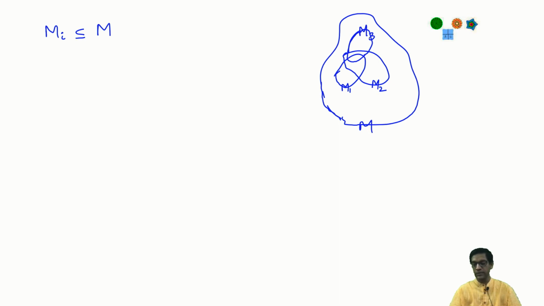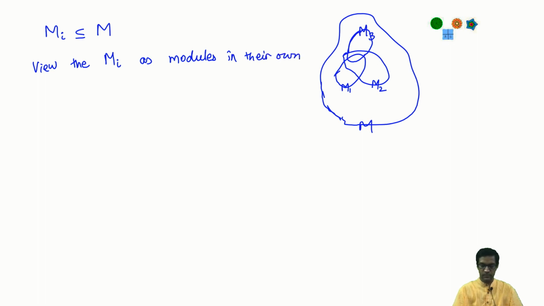Just think of each of the Mi as just being modules in their own right. Okay, so view the Mi as modules in their own right, and when you do that, we can then form their direct sum.